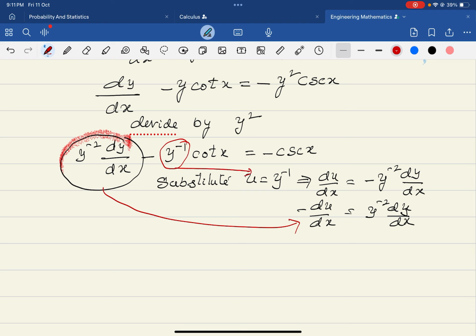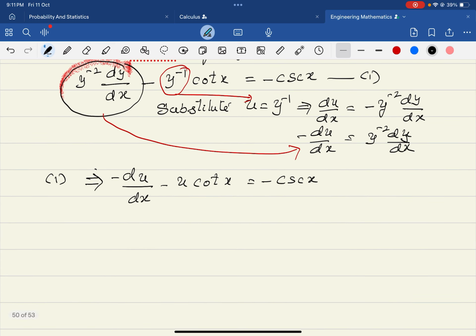Clear? Now let us go back to equation 1. It implies minus du by dx minus u cot x is equal to minus cosecant x.